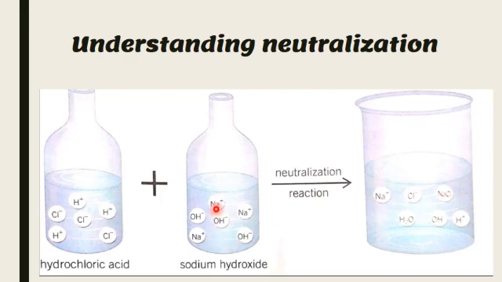You can see here 3 sodium ions and 3 hydroxide ions. We know very well what is neutralization reaction: when acid reacts with base, hydrochloric acid reacts with sodium hydroxide to form salt and water. This type of reaction is called neutralization reaction.